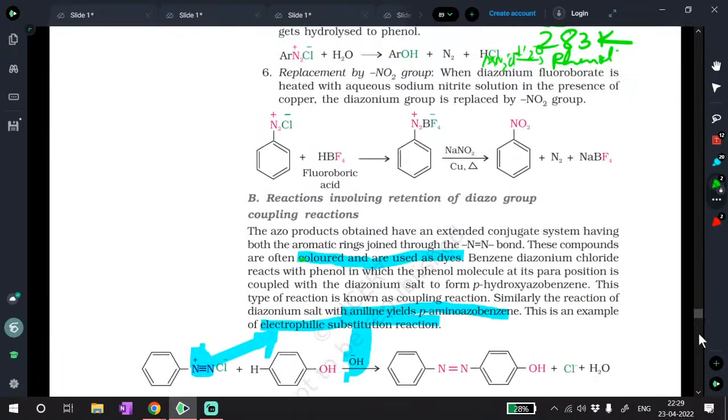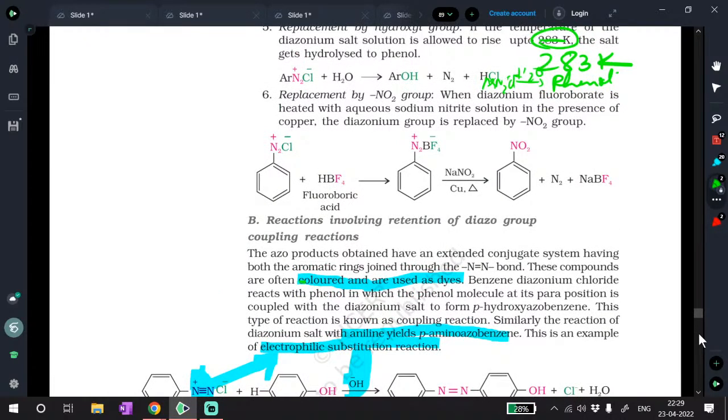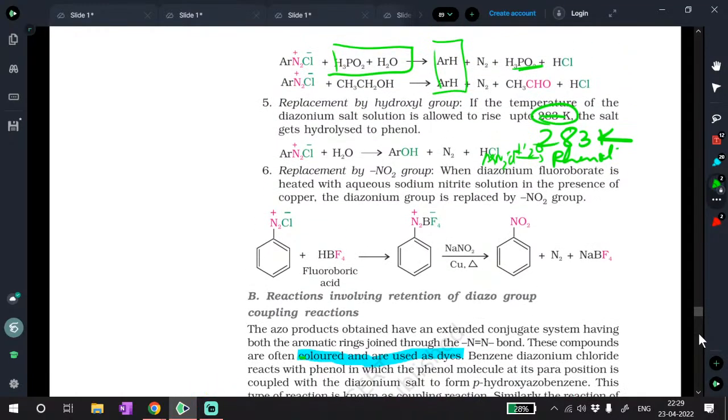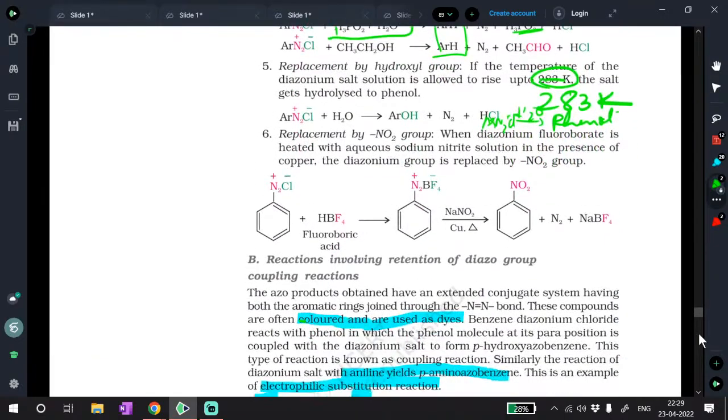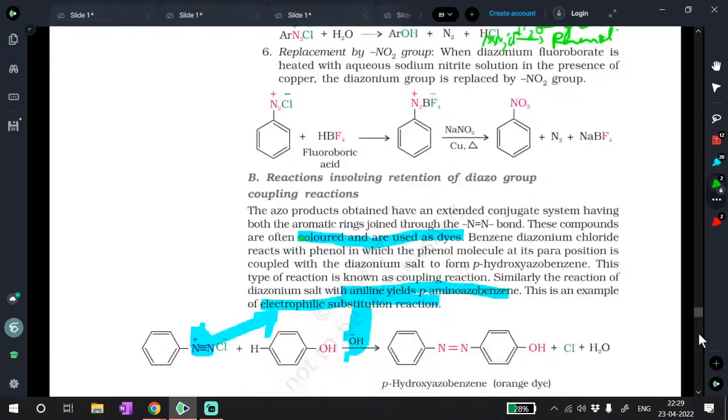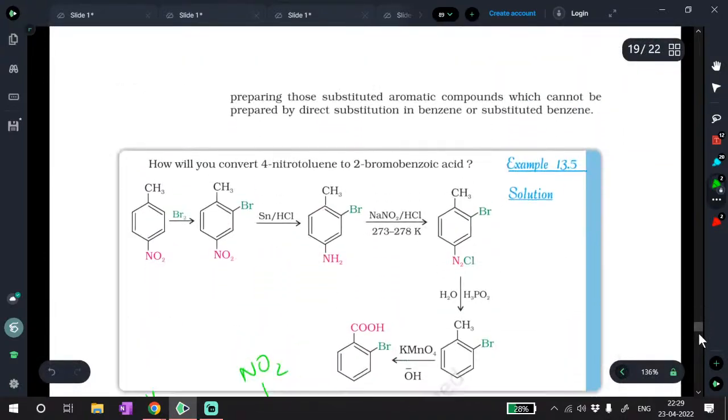And how exactly do you do that? With fluoroboric acid, and you cannot directly prepare fluoroboric acid. You have to prepare it from diazonium chloride salt.